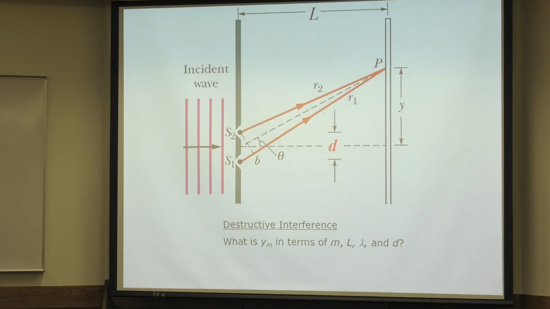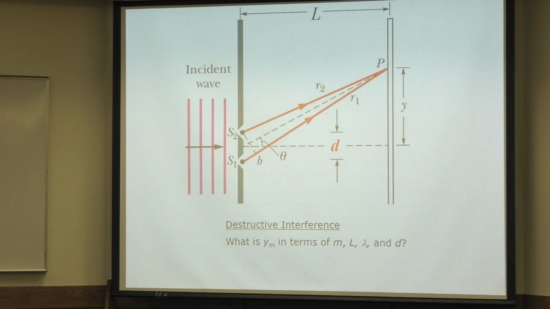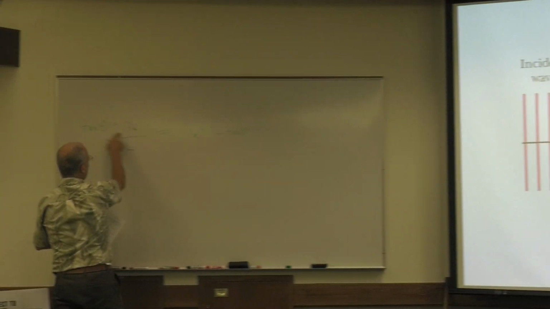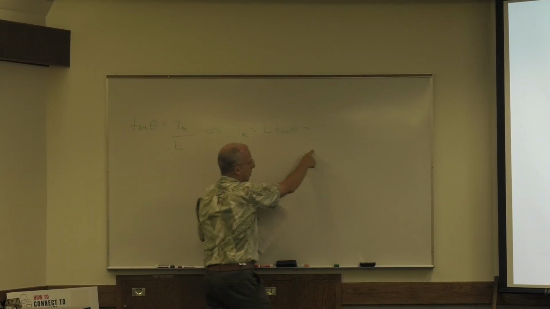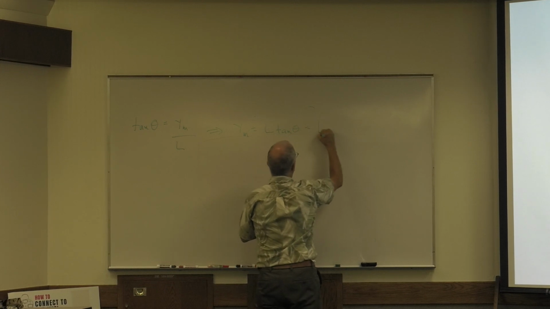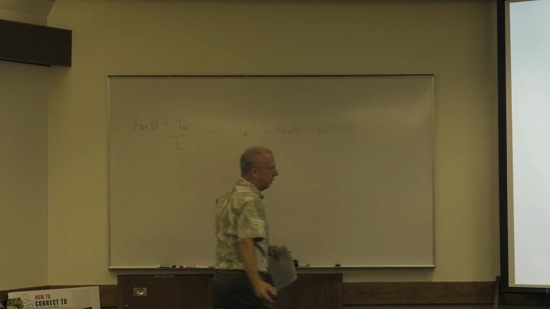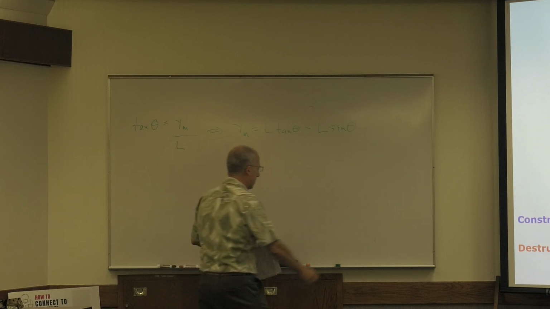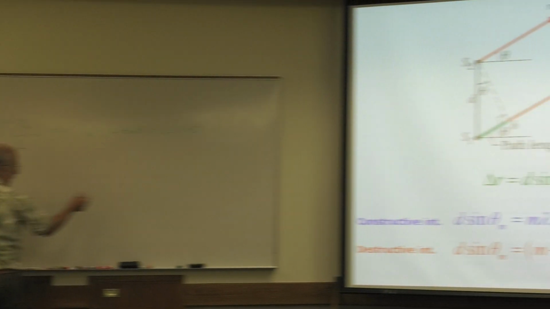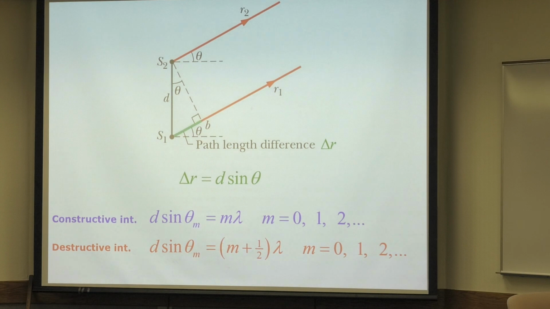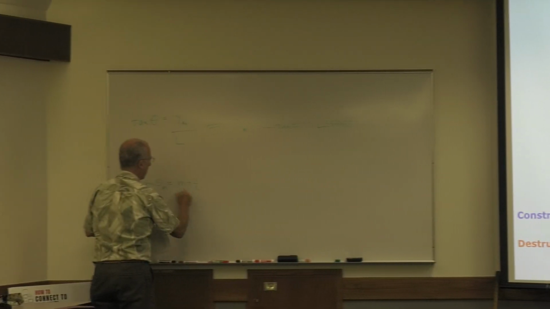All right, let's do it. It's very similar, right? This is still true, still small angle, so we get L sine theta. But now the difference is you have to use the destructive interference equation. That says d sine theta m equals m plus a half lambda.